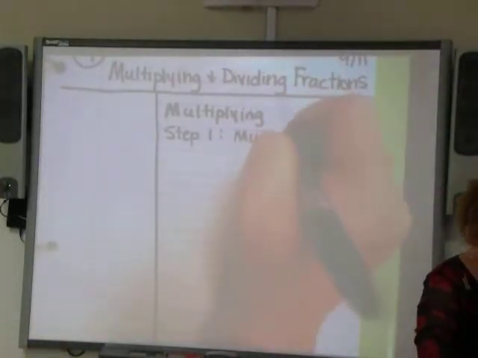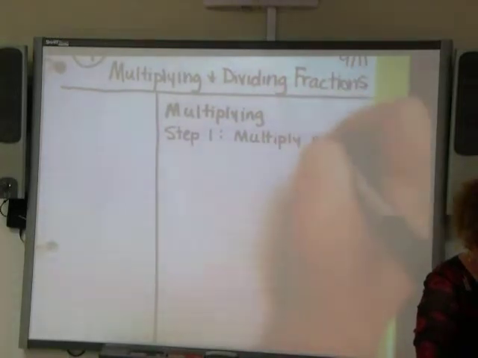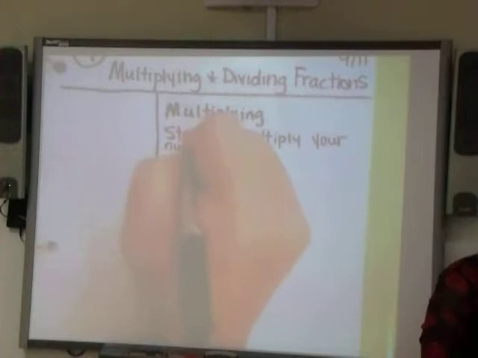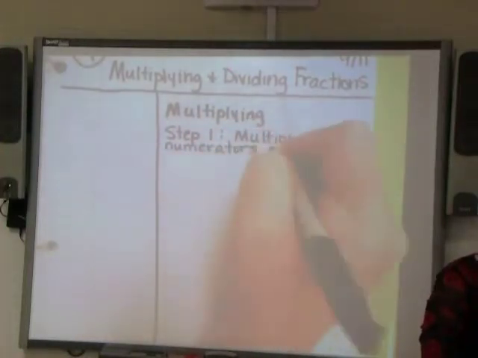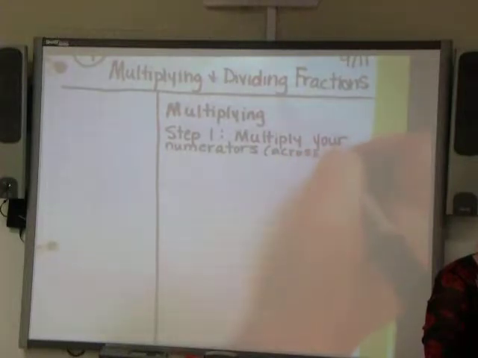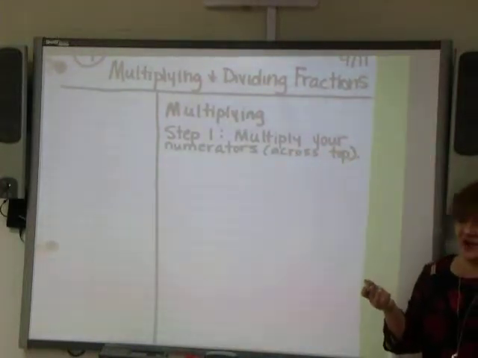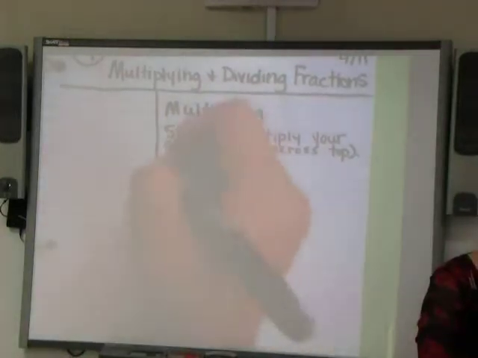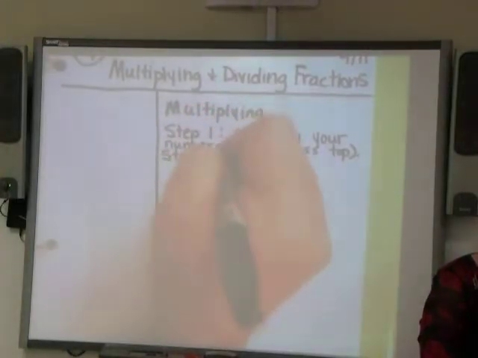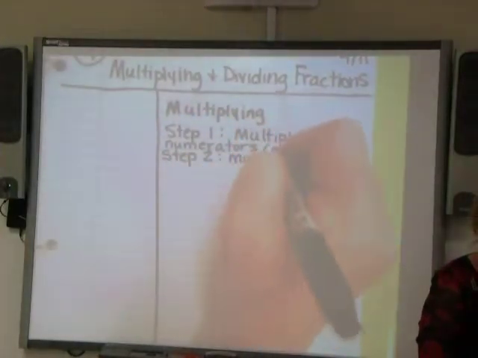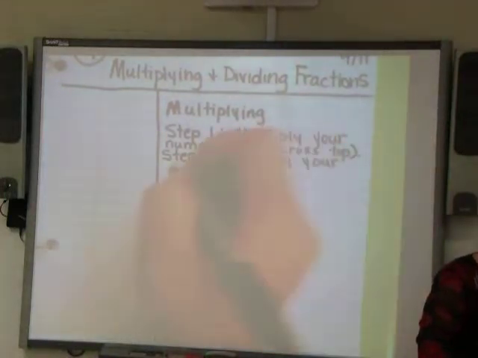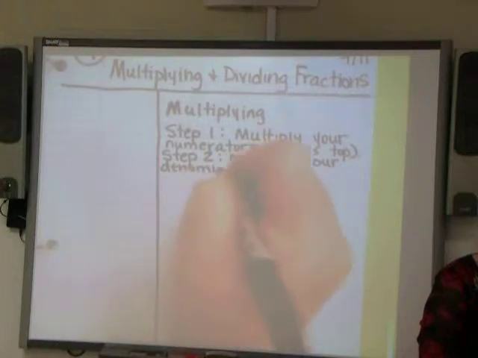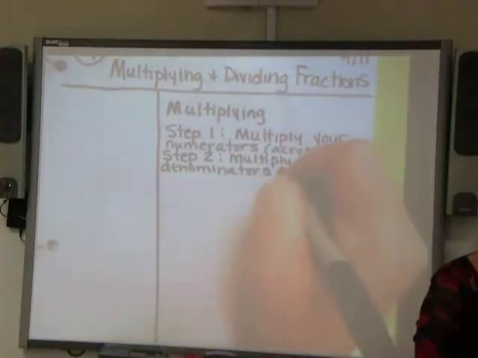You multiply your numerators. Which again is across top. And then that's the numerator answer. Step 2, multiply across bottom, or multiply your denominators. Or across bottom.